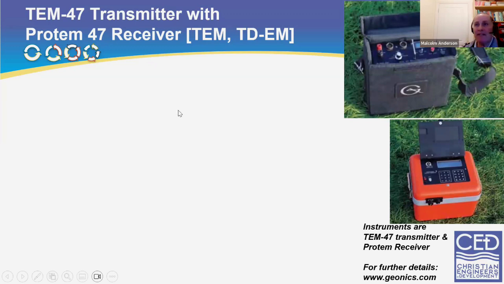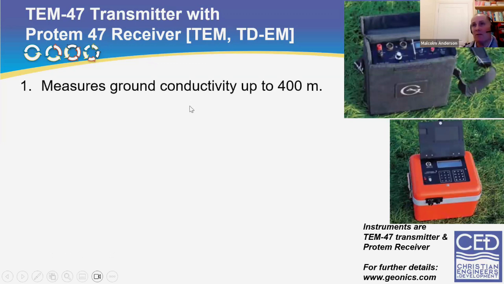But the time it takes to lay out that 100 meter by 100 meter ground induction loop takes a fair amount of time. And so the method is quite a lot slower than the previous electromagnetic methods that I showed you. But the advantage is that by selecting the right time interval, you can then measure the ground conductivity up to 400 meters depth.